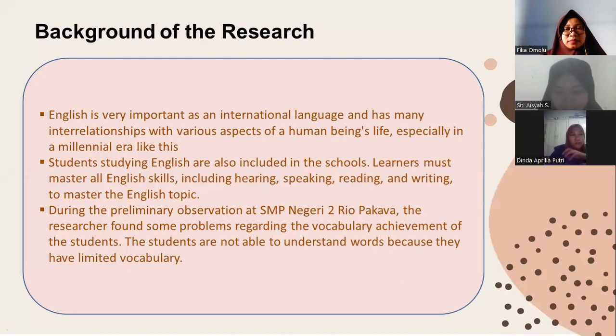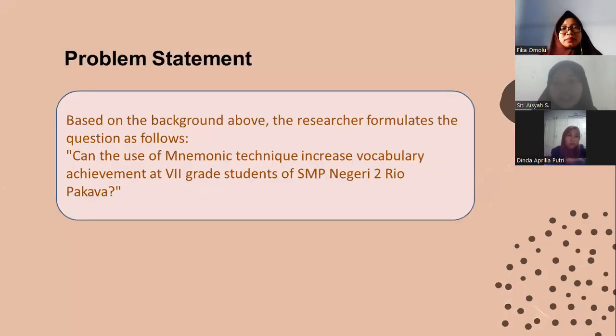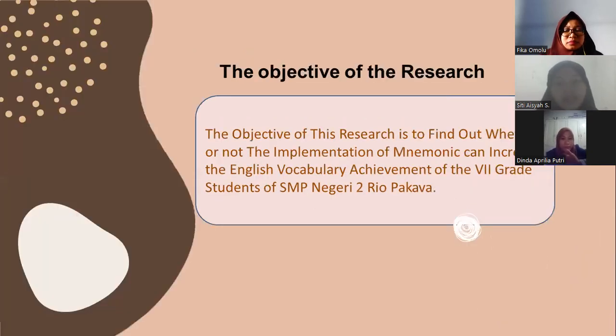after the background, next is the problem statement. This is what must be in the seminar proposal or in the PowerPoint for the proposal. Then after that there is the objective of the research, or the research goals. And this is the example of the objective of the research.